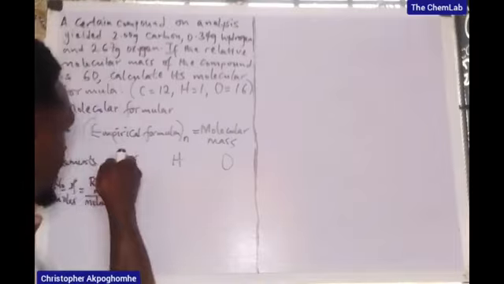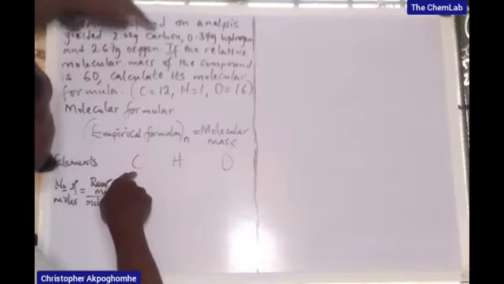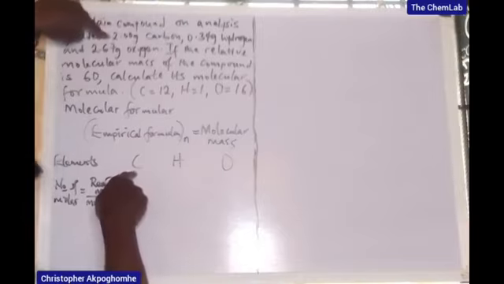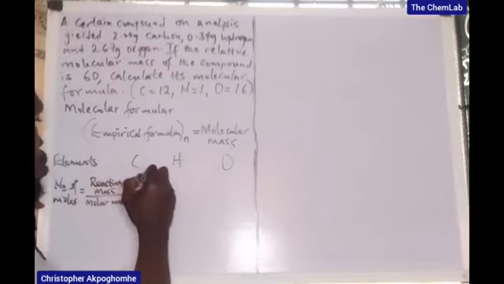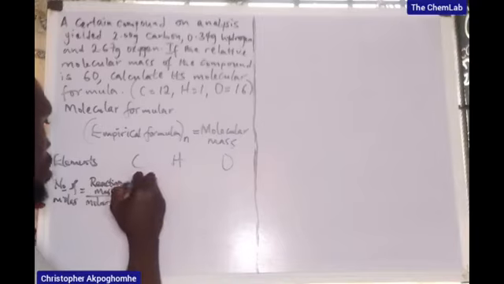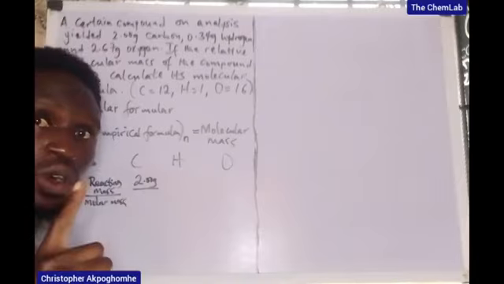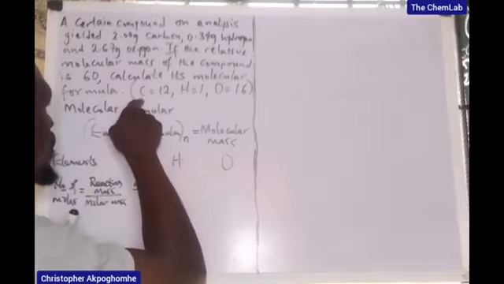Now, we're going to look at each element. For carbon, in our question, they said on analysis yielded 2 gram carbon. So the amount of carbon that is reacting in this compound is 2 grams. So we have 2.00 gram over the molar mass. That is the amount of carbon in 1 mole, which is always given to us.